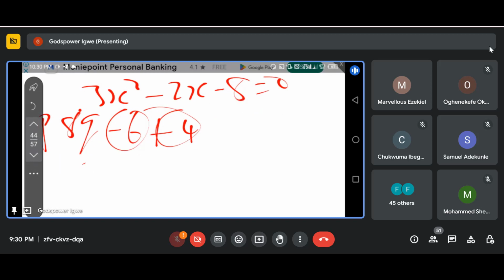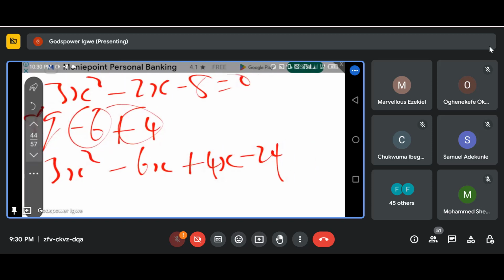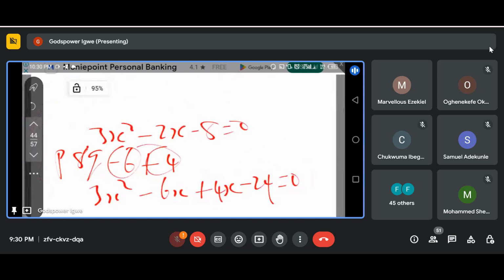So this is going to be 3x squared, and we make use of minus 6x plus 4x minus 8 equal to 0. Why we are making use of that is because we want to make sure of this 3 times 8. Anytime you have a leading coefficient above 1, you have to multiply that leading coefficient with the constant.